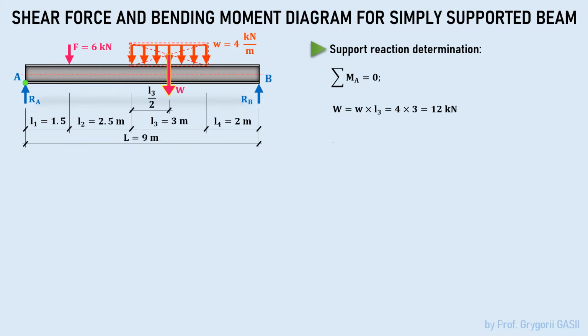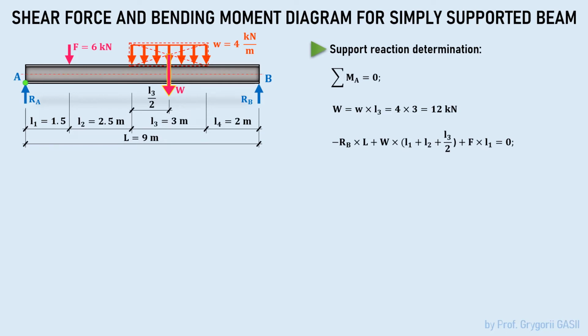Now, we can write an equilibrium equation for the moments about point A. Pay attention to the signs. Bear in mind, if the force is clockwise, the sign is plus, and if the force is counterclockwise, the sign is minus.